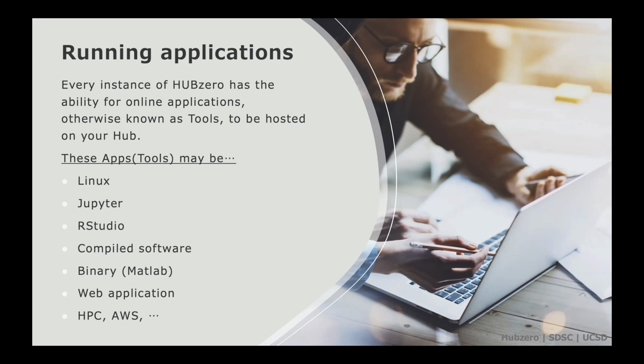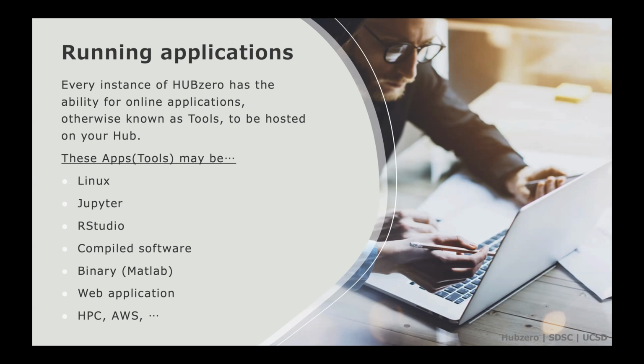So, you can install a variety of tools. You can have a simple Linux desktop, or you can have a very custom application. It could be a compiled application, it could be a proprietary application. How it runs is a matter of what the resource needs may be. So if your resource needs are pretty light, they run on a local VM next to the hub, and they can service all these requests very quickly.